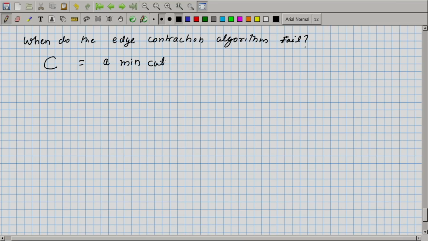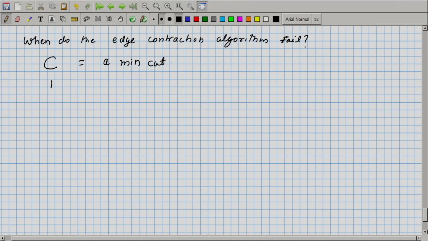So, if C is a minimum cut, we will compute the probability that our algorithm finds this particular minimum cut, and that probability is surely a lower bound on the probability of success, because even if the algorithm had found another minimum cut different from C, the algorithm would have succeeded.